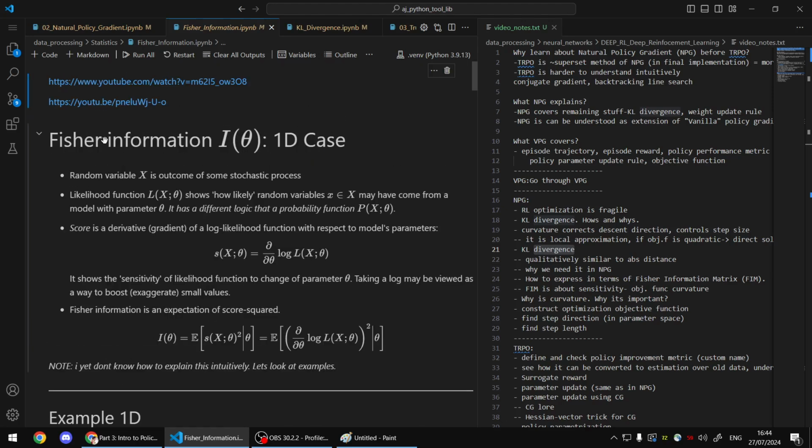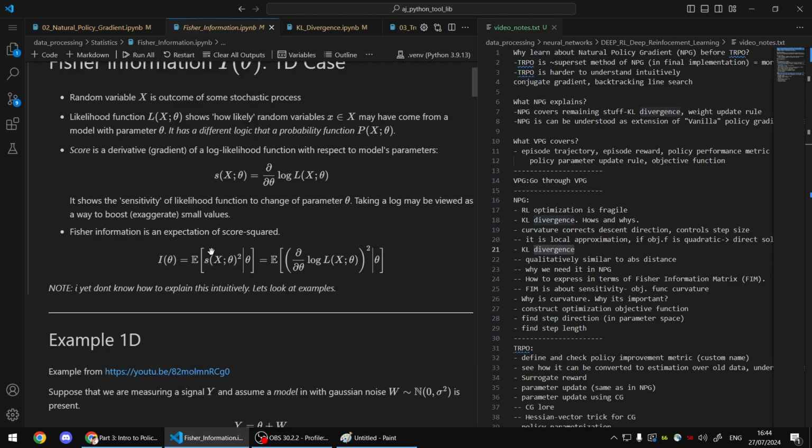The proposition is that KL divergence can be expressed in terms of a different quantity that's easier to calculate, and this quantity is Fisher information. In the multidimensional case, it's called the Fisher information matrix.